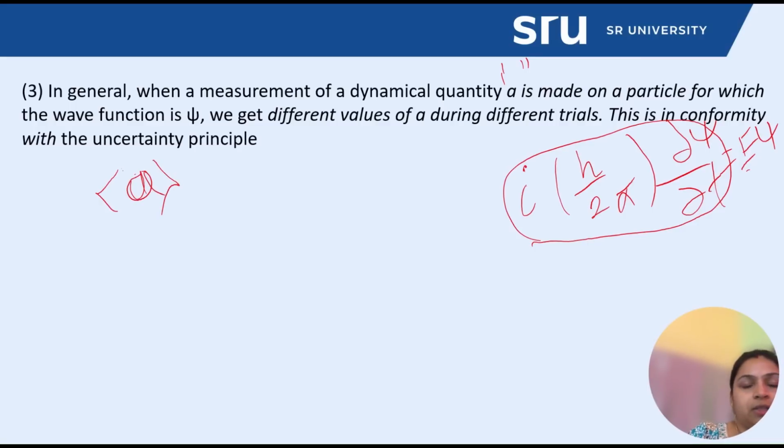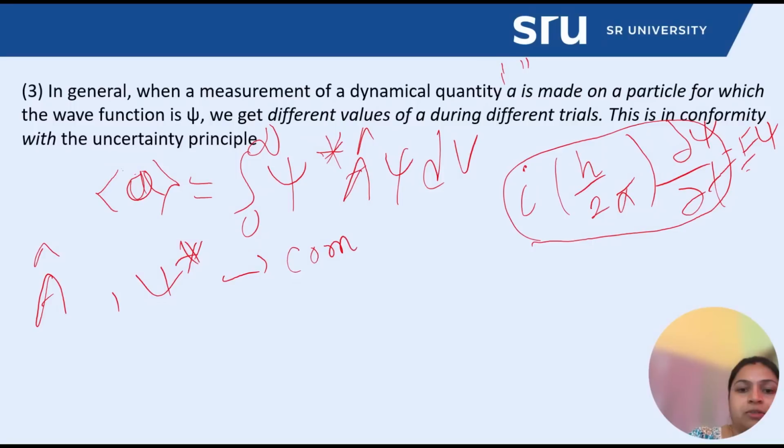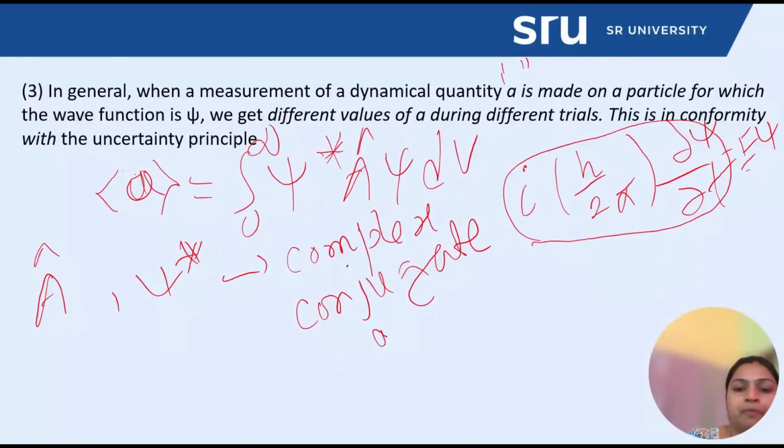Basically we can write that the average of A is equal to the integral from 0 to infinity of psi star A psi dv. Here A with an arrow mark is the operator associated with the quantity A, and psi star is the complex conjugate of psi.